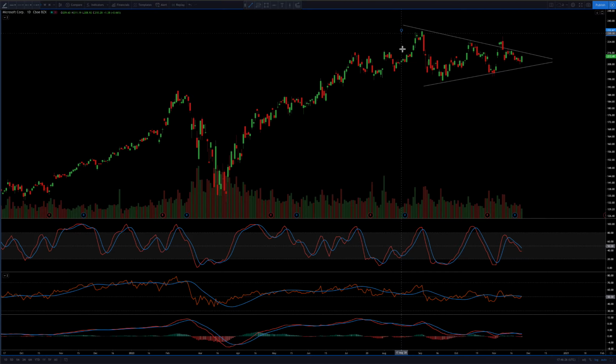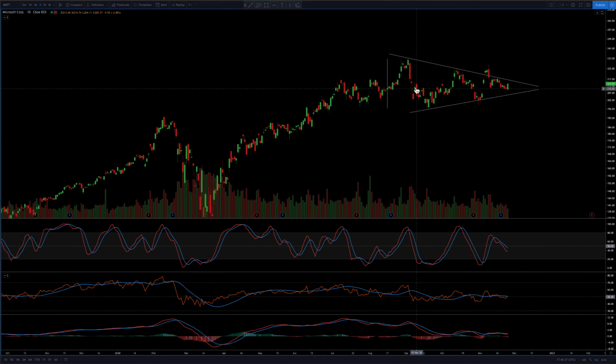Let's go ahead and project potential price by measuring out the base of the symmetrical wedge, and let's put it right here, so it gives us a rough idea, using this methodology, of where price may go if it breaks to the upside.